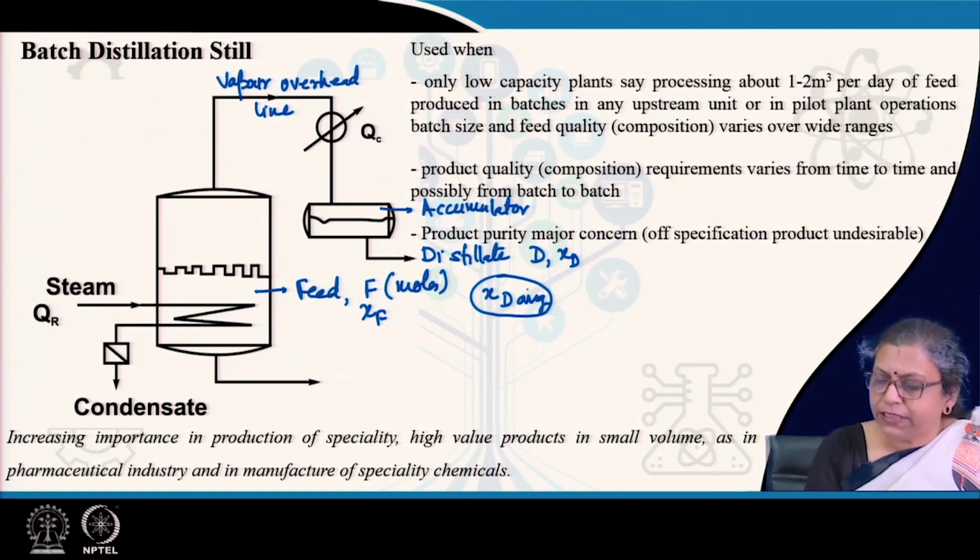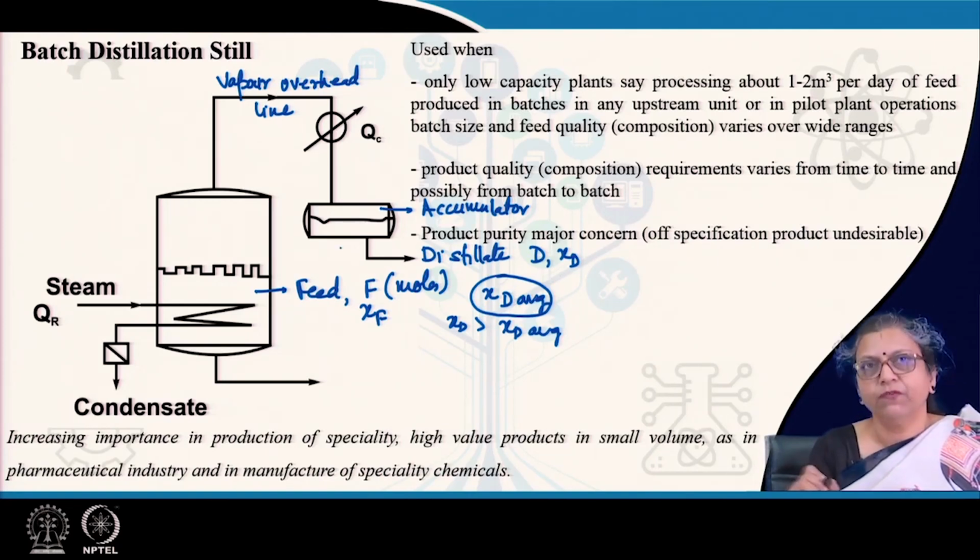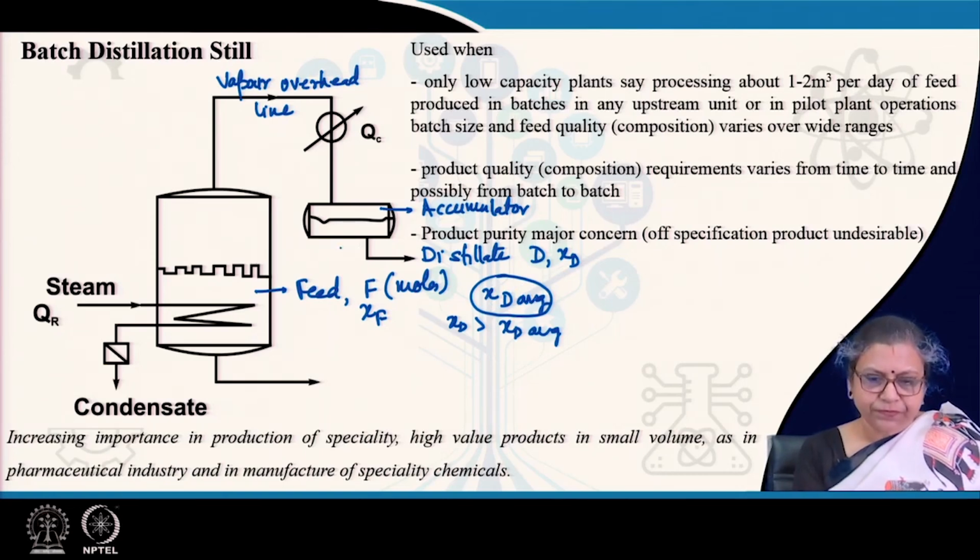So, initially we will start with xd greater than xd average, then gradually as distillation proceeds xd will be depleted, it will become less and less till maybe it will fall below xd average. We continue distillation till the average product composition meets our specification. The moment it has met, we stop the distillation process.